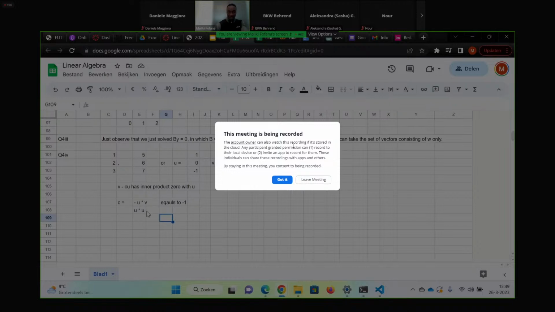So from this, I can derive that my V minus CU can be equal to V plus U. And I know that this is my U and this is my V. Even without calculating it, if I look at just the rows, I can know what will happen if I add this to this and this to this. So intuitively speaking, I know that I will have.